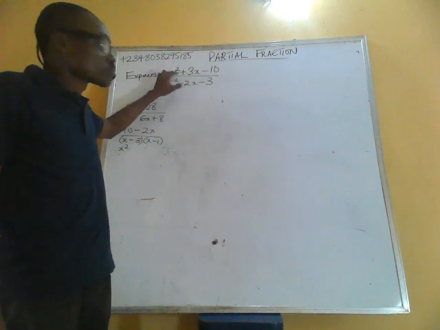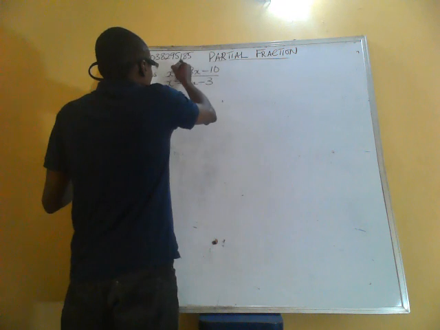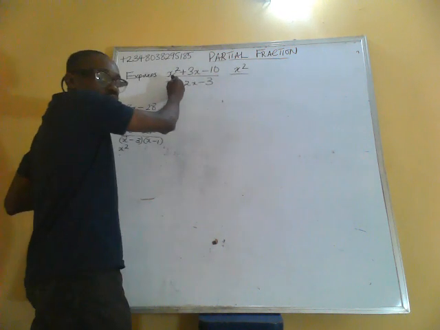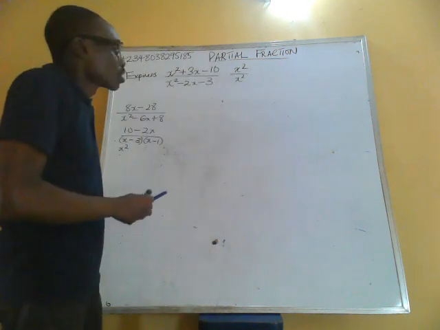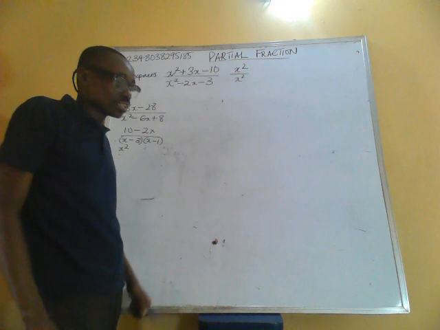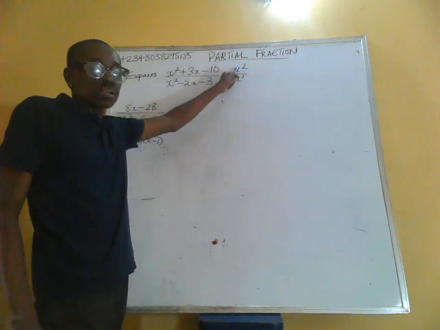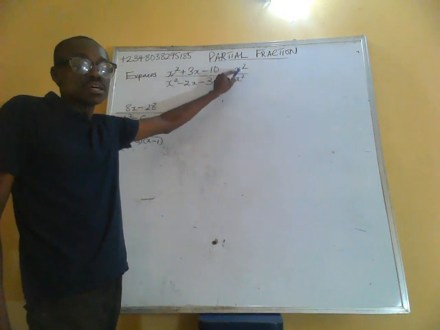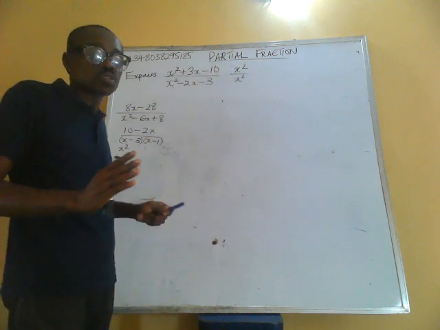Here, the highest degree in the numerator is x raised to power 2, and in the denominator we have x raised to power 2. So we can't go ahead and solve this because they are of the same degree. The one in the numerator should be lower than what you have in the denominator, which is what has been happening in the ones we've done so far.